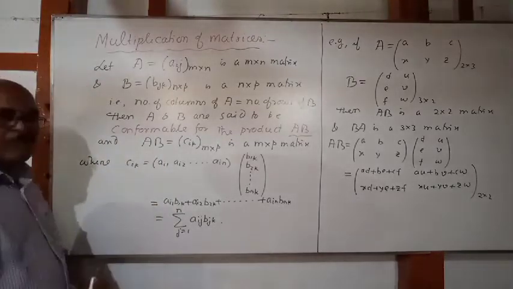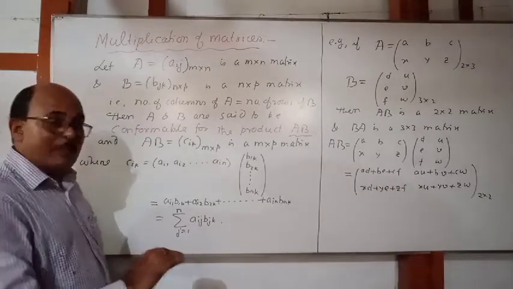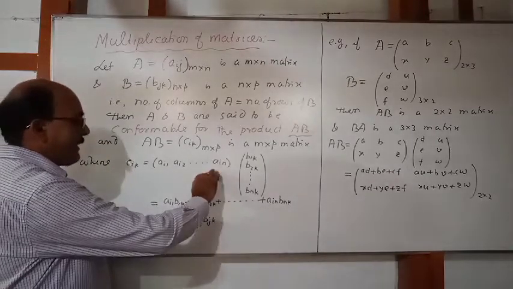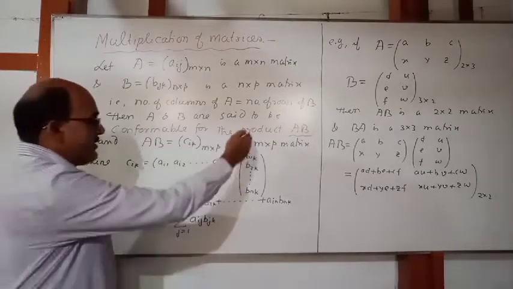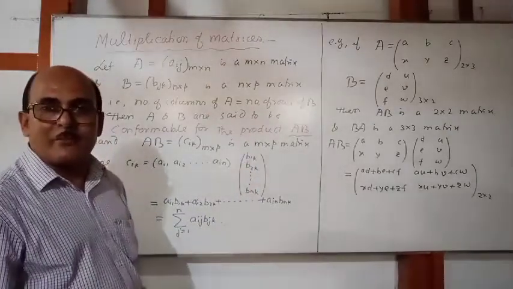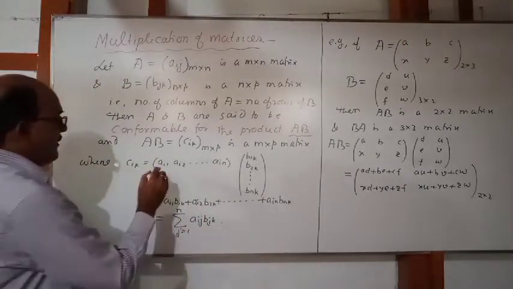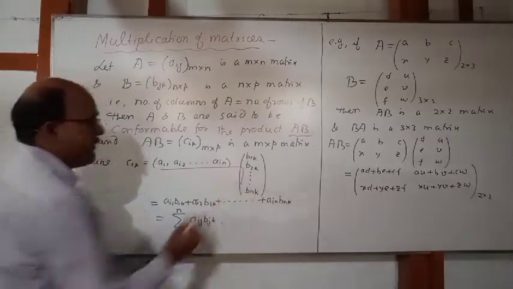This Cik is obtained by multiplying corresponding elements of the ith row of capital A, the first matrix, with the kth column of the post factor, the second matrix B, and then adding correspondingly. See, it is like a right angle.